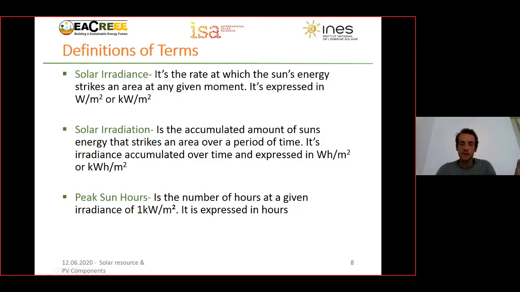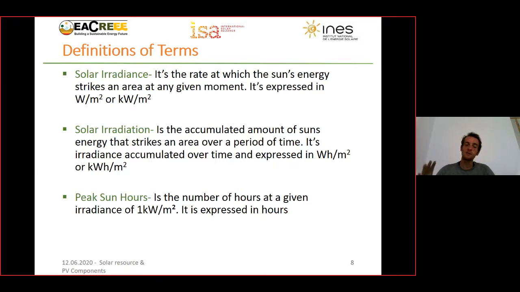This was for characterizing the path of the Sun in terms of intermittency, and we will next see what are the values that you can get in terms of solar potential in 1 day, 1 month, or 1 year. But before giving these values, we need to define technical terms that we use in solar energy.